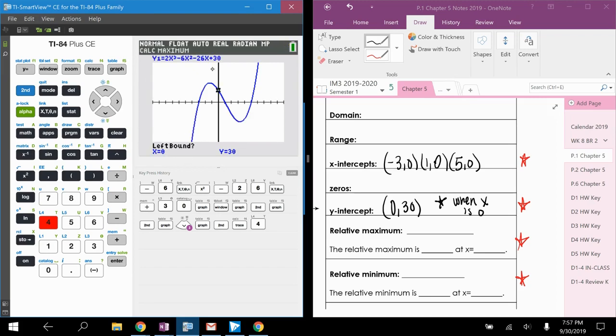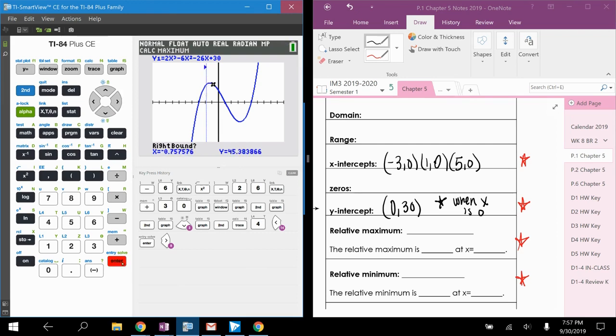I want to move this cursor to the left of where I think the relative max is, so I press left until I get really close to that max on the left side. Press enter. Now it asks you for the right bound, so go right until you go right of where you think the max is.